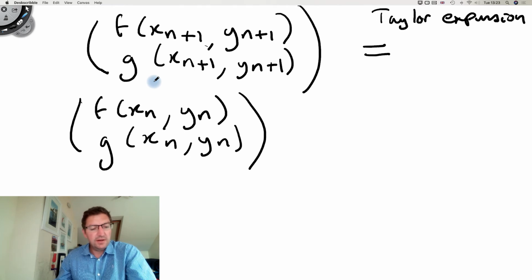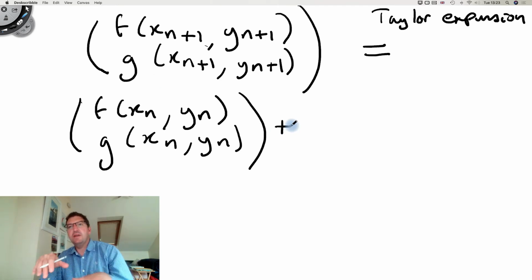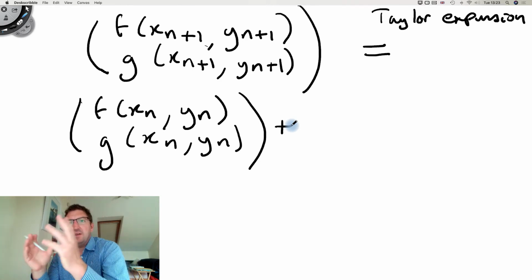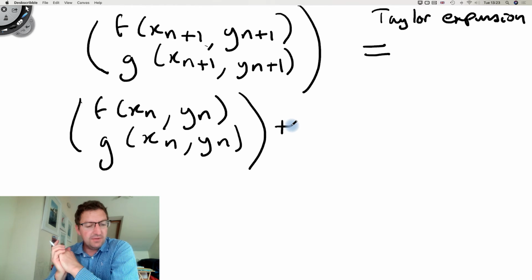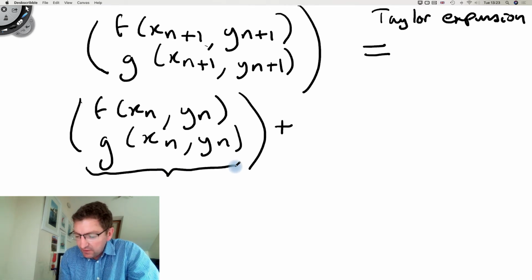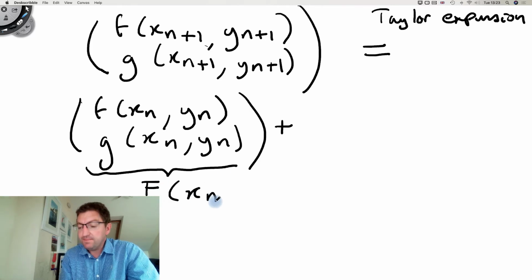I'm writing it out in component form first, and then I will collapse it down into vectors, and then the analogy with the 1D Newton-Raphson will become clearer. So this then is your vector function at step x of n, right?